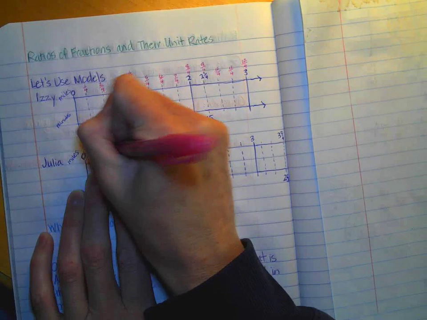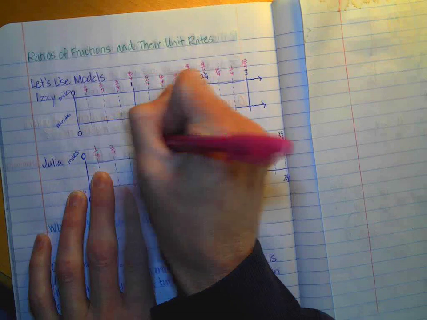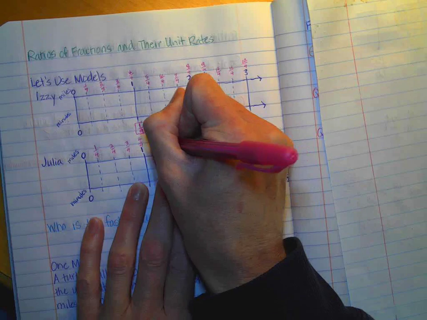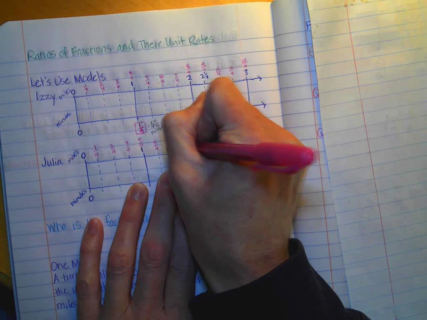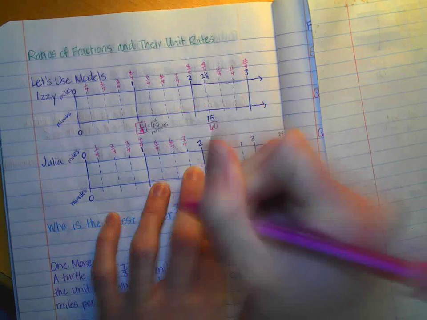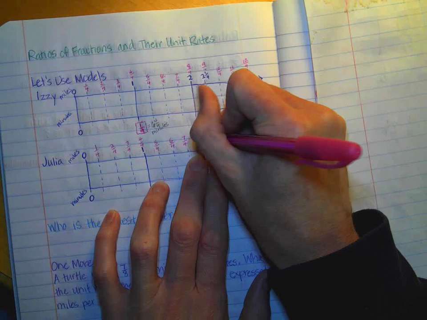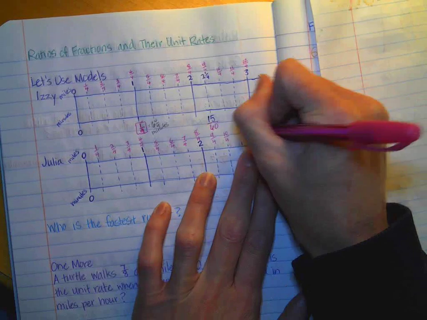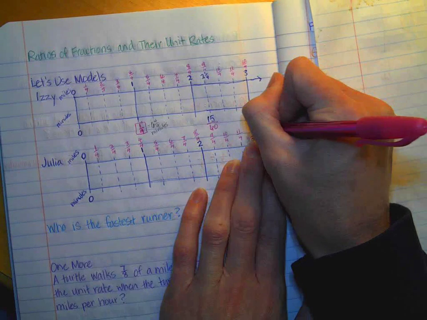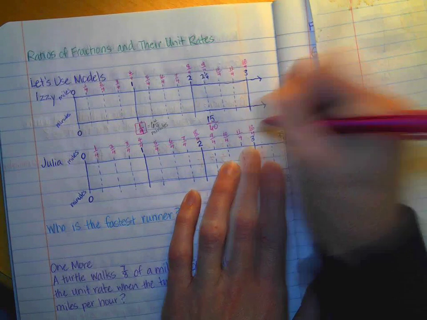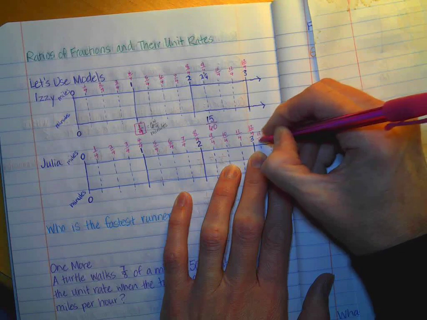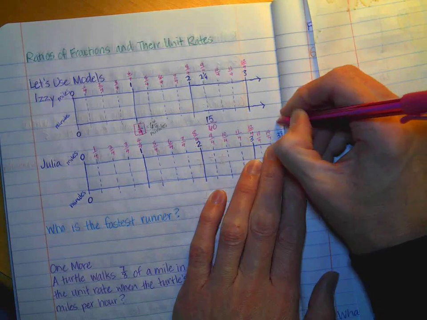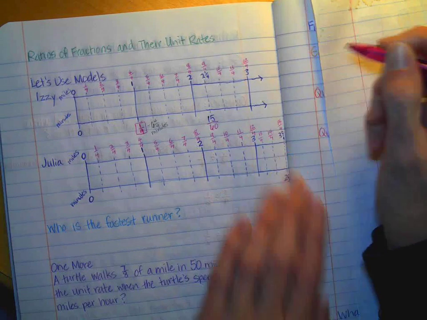We're trying to figure out, again, put in our identifying marks. So this is 1/4, 2/4, 3/4, 4/4, 5/4, 6/4, 7/4, 8/4, 9/4, 10/4, 11/4, 12/4, 13/4, 14/4.